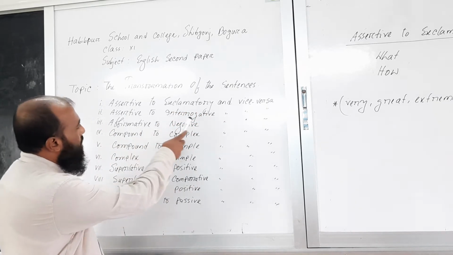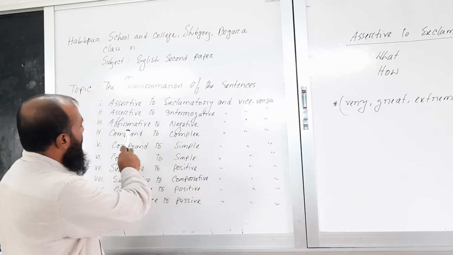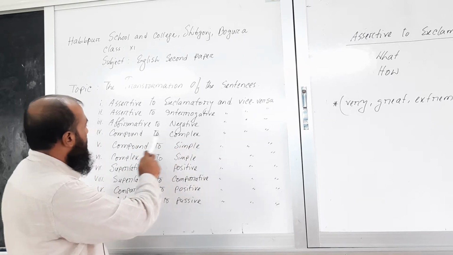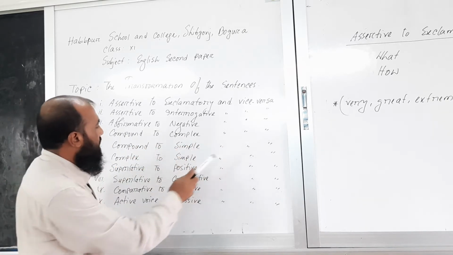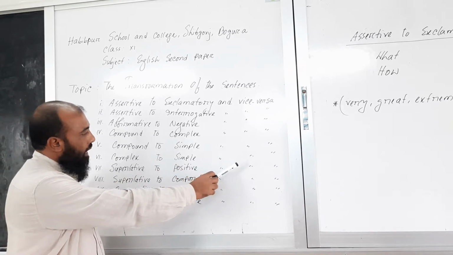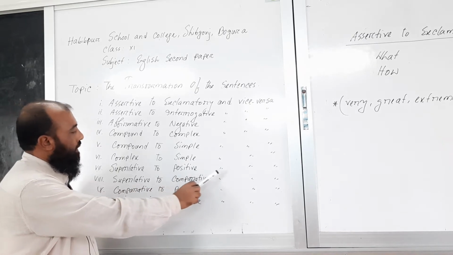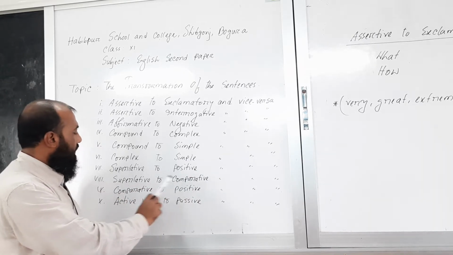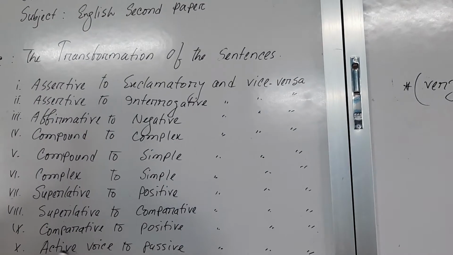Number 2, assertive to interrogative and vice versa. Affirmative to negative and vice versa. Compound to complex and vice versa. Compound to simple and vice versa. Complex to simple and vice versa, superlative to positive, superlative to comparative, comparative to positive, and active voice to passive.